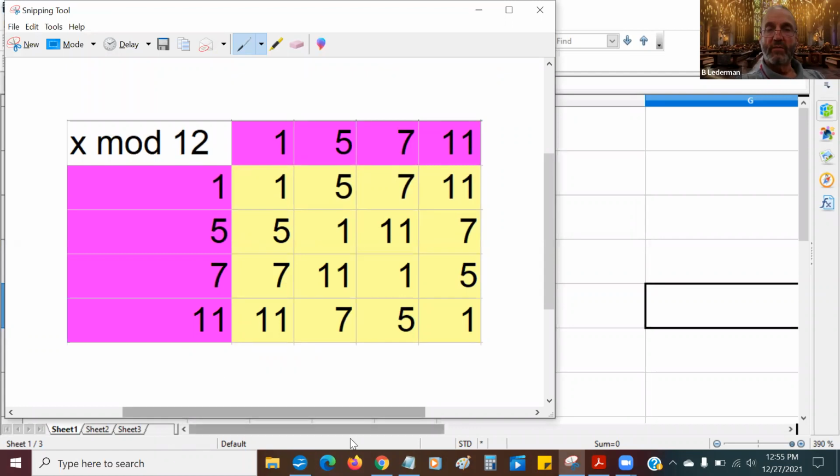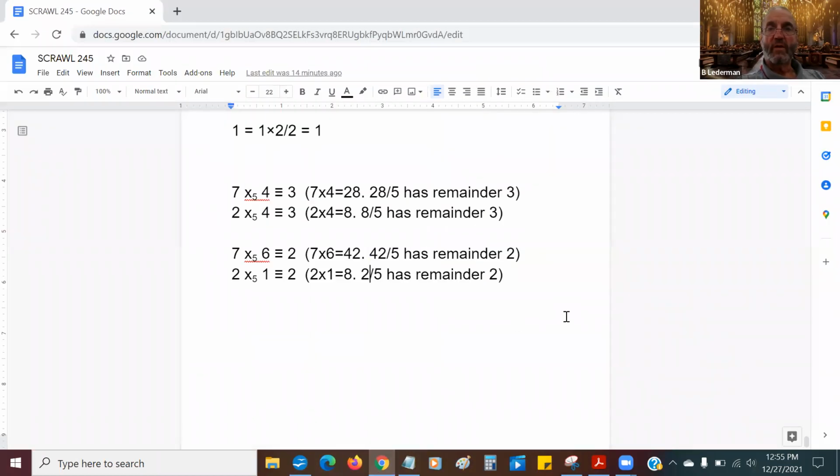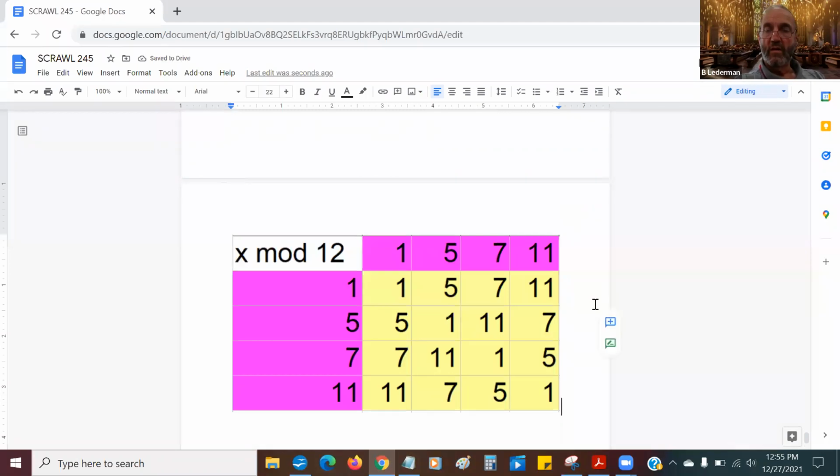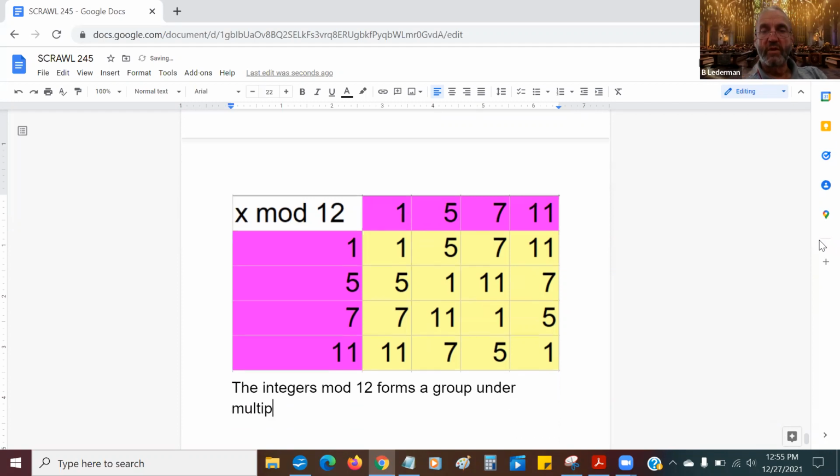So what we see here, and this is really my point, is that the integers mod 12 form a group under multiplication.